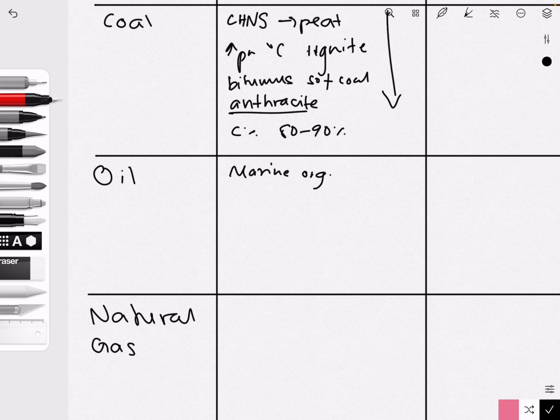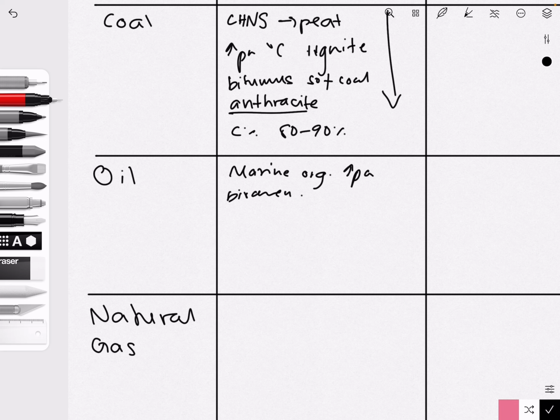As they're at the bottom and more layers will build up over them, we will get higher pressures. And between these layers of sediment, which will build up over time, we will find that there is biochemical activity.